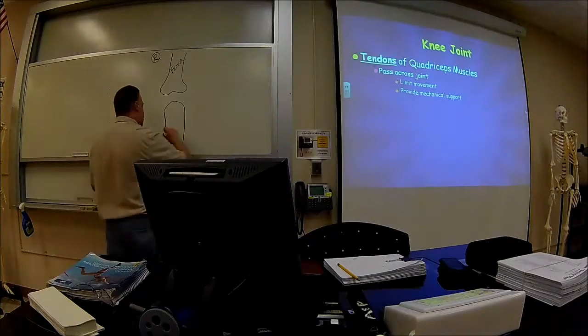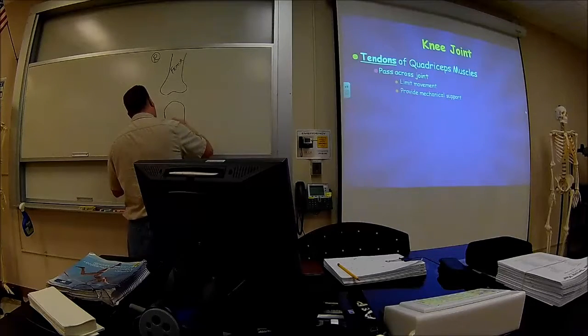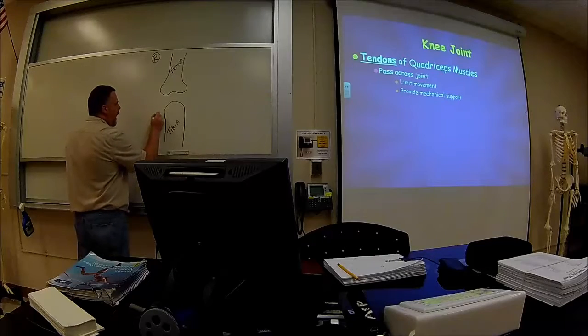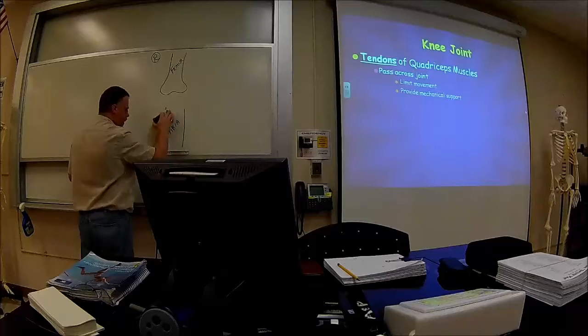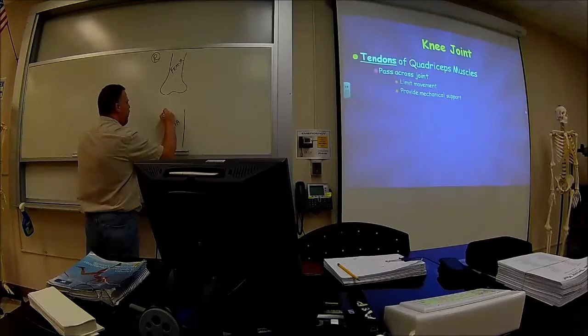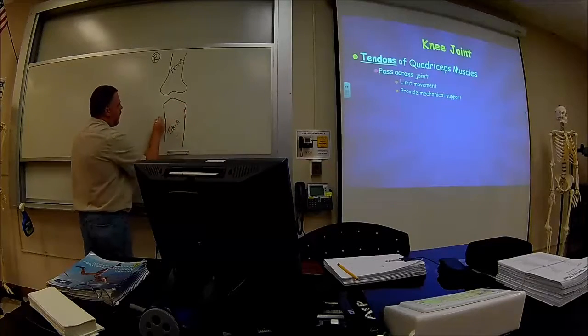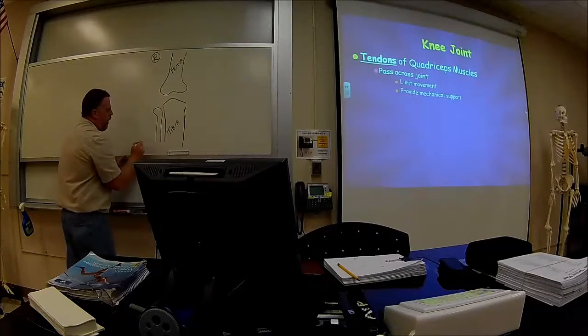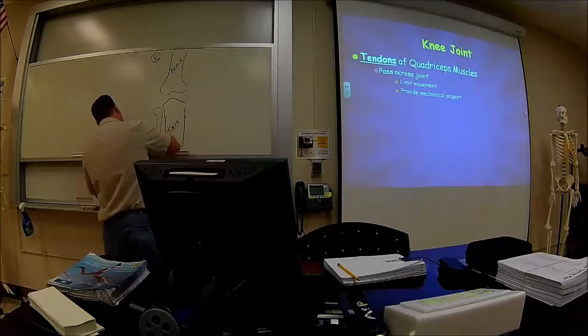Okay, so this is what we call our tibia. And then on the lateral aspect, I'm just trying to draw this as best as I could. On the lateral aspect, you're going to have another bone over here, a thinner one, and that's called our fibula.